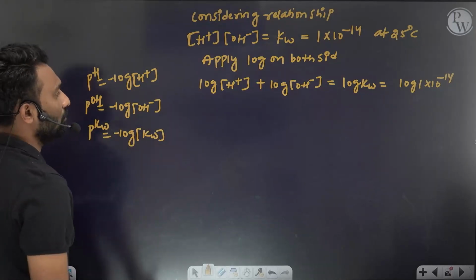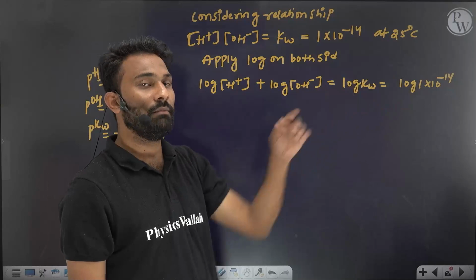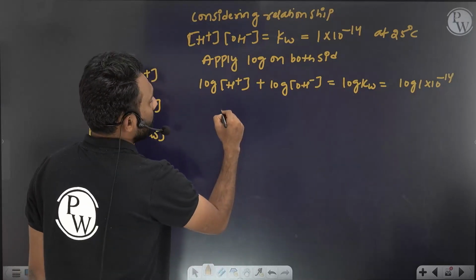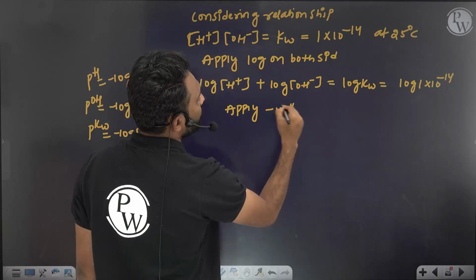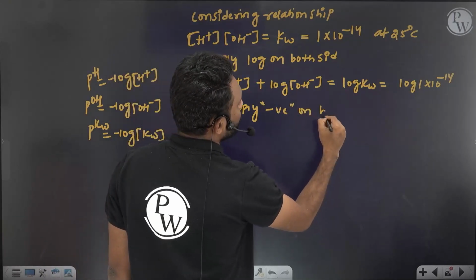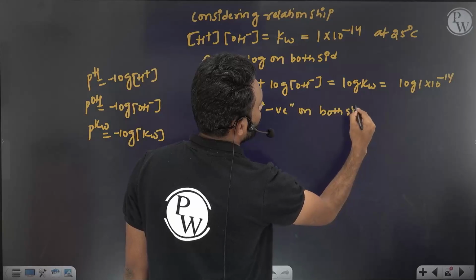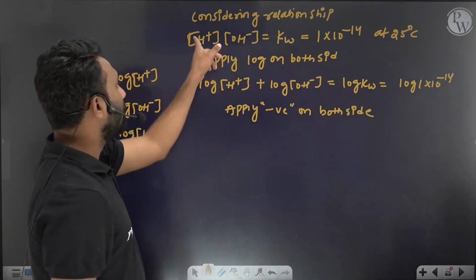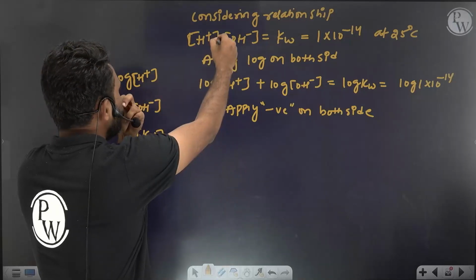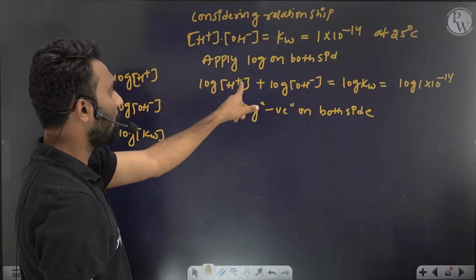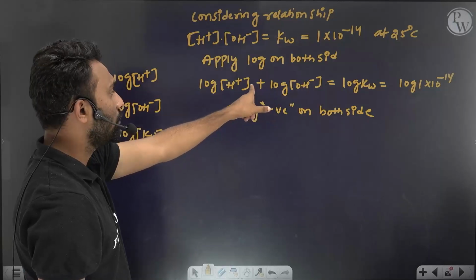concentration of Kw. Now in this reaction, what am I doing? I apply negative on both sides. Log A into B becomes log A plus log B. Okay, don't get confused.